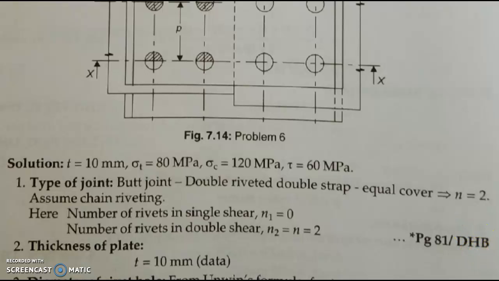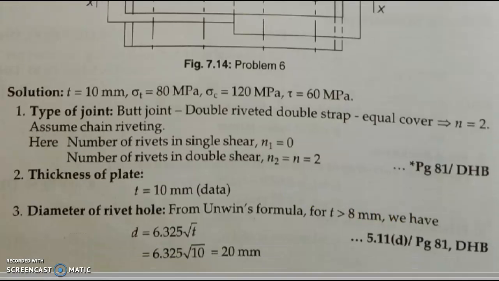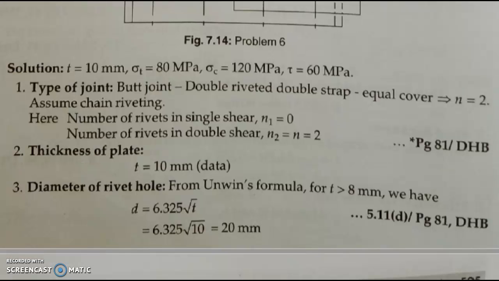Then second step, the thickness of the plate. It is already given in our question itself, so we cannot use any other equations. Directly take the value T is equal to 10 mm. Then, according to step 3, we can find the diameter of rivet hole. From page number 81 and equation number 5.11d, D is equal to 6.325 root T. Here T is the given value, so we can write it as 20 mm.